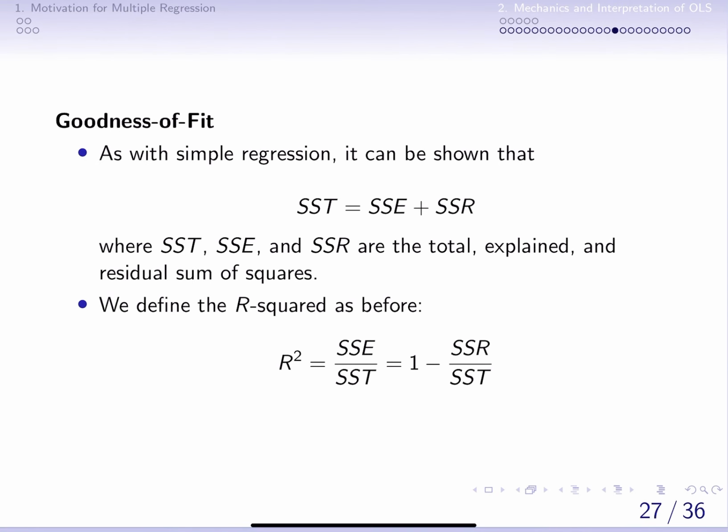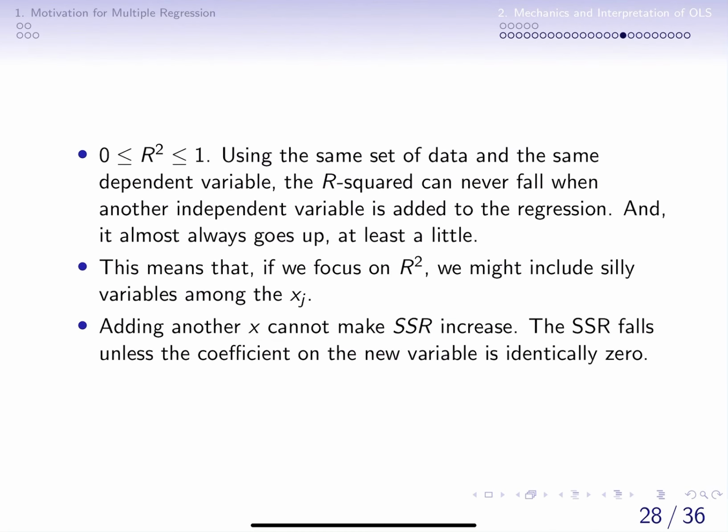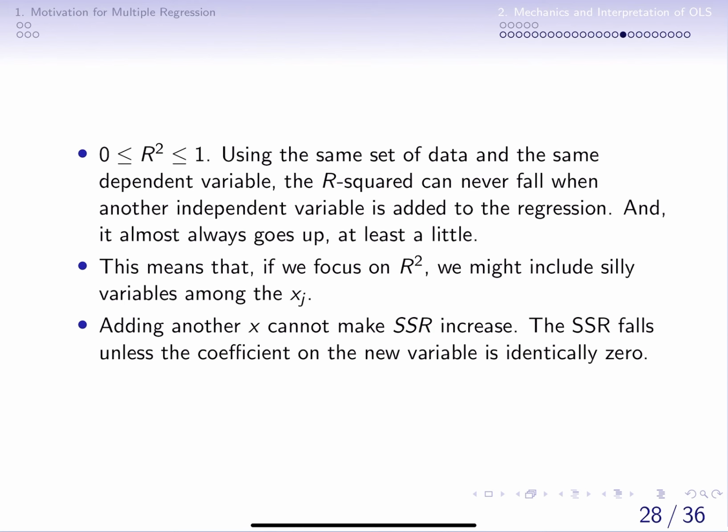Okay, and similarly our r square is pretty much the same as before. Here we're saying that the total sum of squares is equal to the explained sum of squares plus the residual sum of squares. So you come up with such an expression for r squared that we discussed in the simple linear regression case. Okay, and one last thing to keep in mind is that the r square lies between 0 and 1. Okay, and if you add more independent variables, typically the r square is going to go up a little.